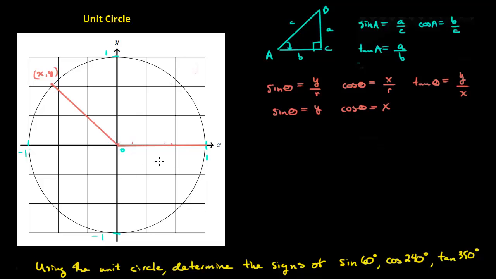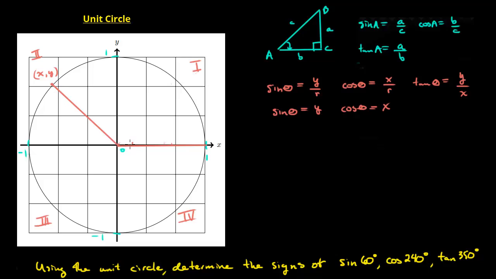Well, now I can use the trigonometric ratios that I drew in the first quadrant. So say that this is quadrant 1, this is quadrant 2, this is quadrant 3, and this is quadrant 4.